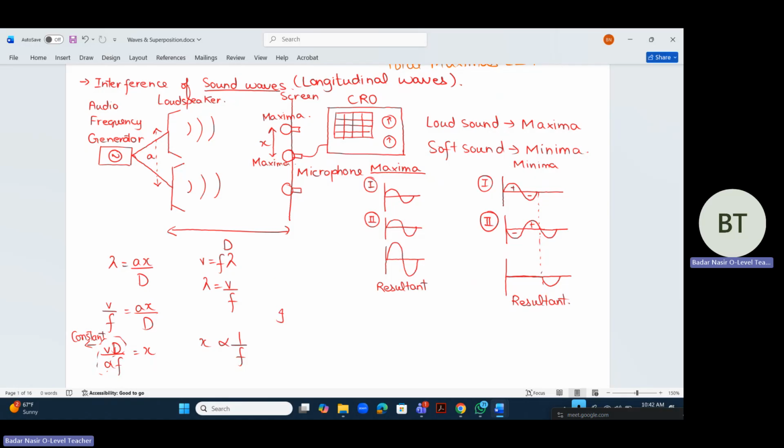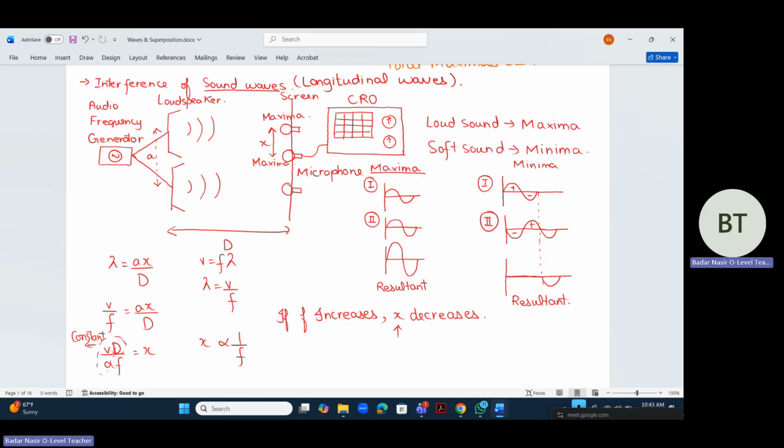So if f increases, x decreases. And x stands for the gap between the maximas on the screen. Yeah, the separation between two consecutive maximas on the screen.